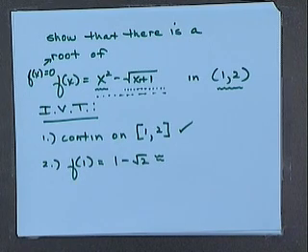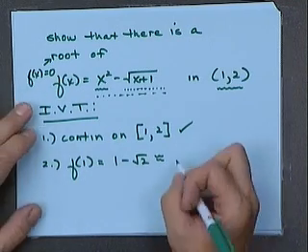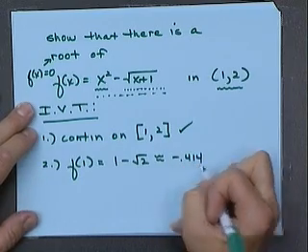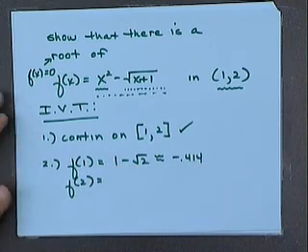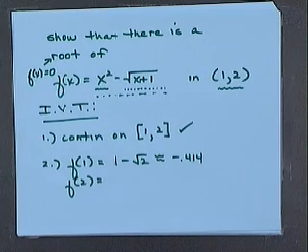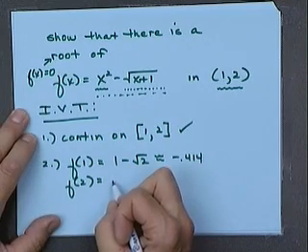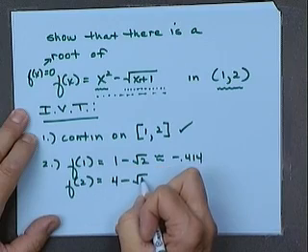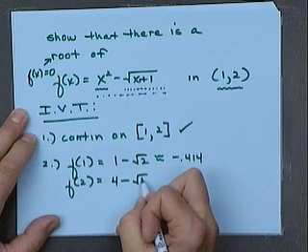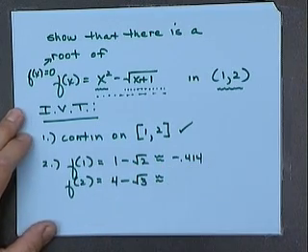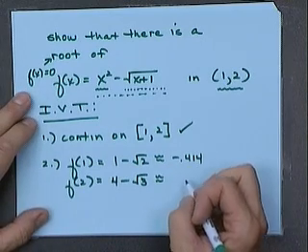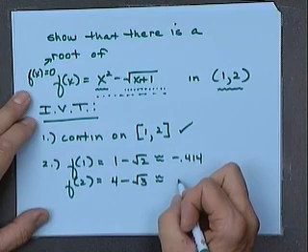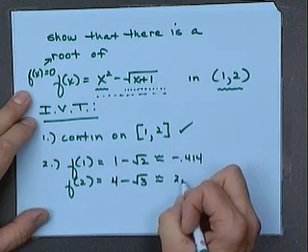And f of 2 is 4 minus the square root of 3, so 4 minus about 1.732. What is that?